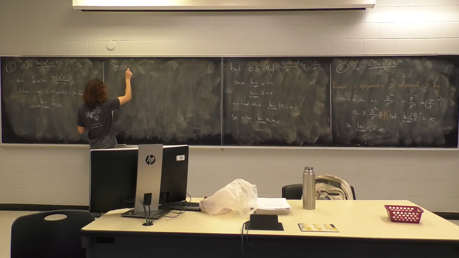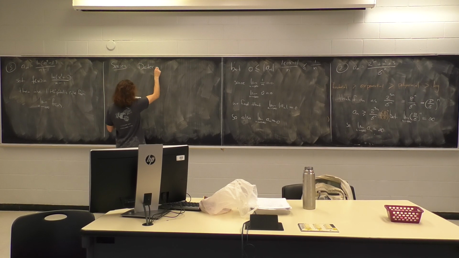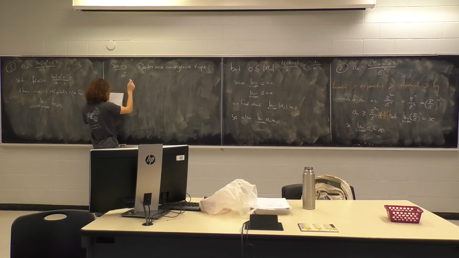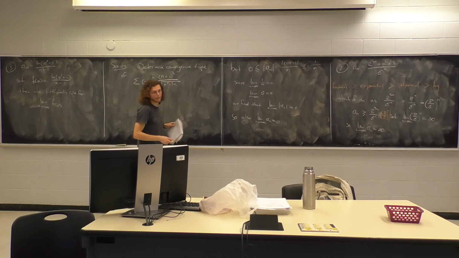So very quickly, series. Determine convergence type of the sum of (minus 1) to the n plus 1, squared, over n times the square root of n to the power 5 plus 3n.